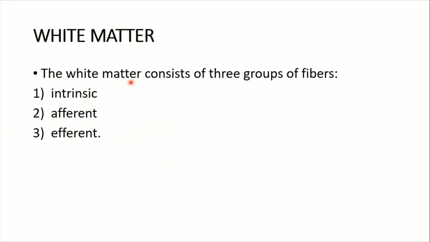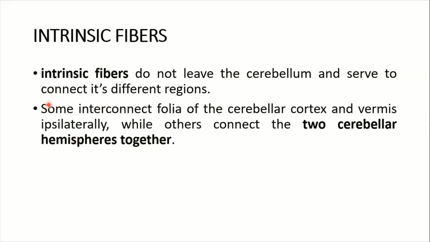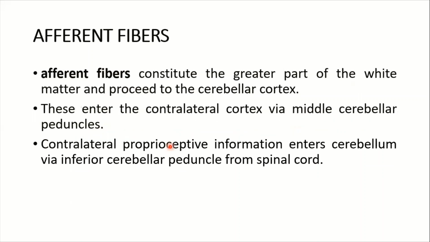White matter consists of three groups of fibers: intrinsic, afferent, and efferent. Intrinsic fibers do not leave the cerebellum and serve to connect its different regions. Some interconnect folia of the cerebellar cortex and vermis ipsilaterally, while others connect the two cerebellar hemispheres together. Afferent fibers constitute the greater part of the white matter and proceed to the cerebellar cortex.